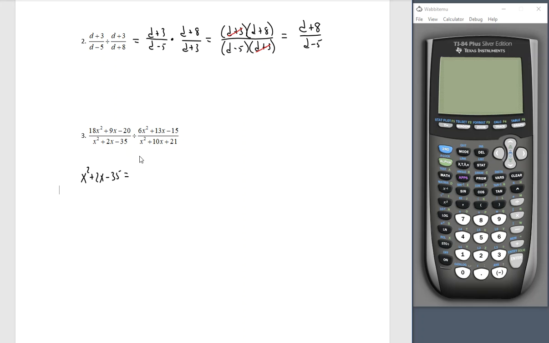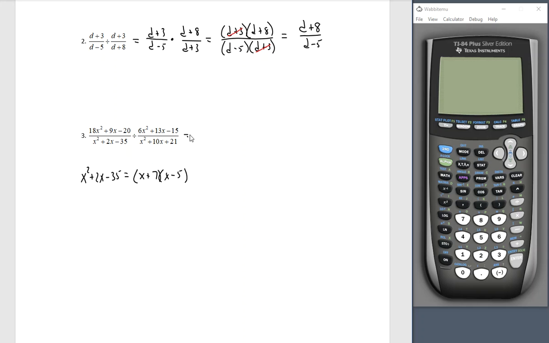Okay, x squared plus 2x minus 35. That'll be x times x to get x squared. To multiply to get negative 35, one's positive, one's negative. Multiply to get 35, different by 2. The only way I could think of, other than 1 times 35 to get 35, is if I have 7 and 5. Because the 2 is positive, the bigger number 7 is also positive.